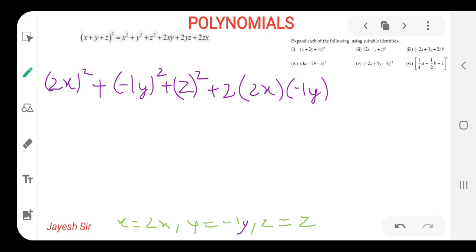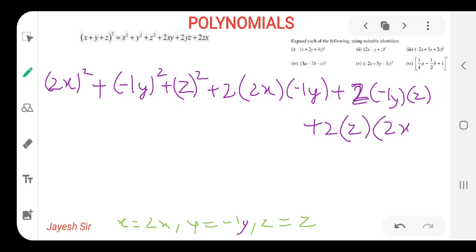I hope you all might be getting it, friends. And value for z would be 2, as it is. Value for y we already know, -1 y. Value for z is z itself. This is 2 and that is z. So don't get confused between my 2 and z. 2 as it is, and value for z is z, and value for x is 2x.